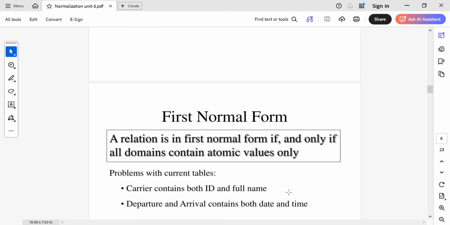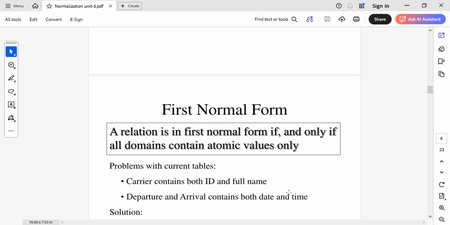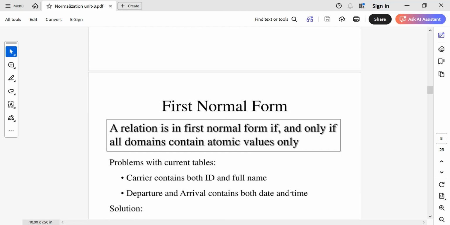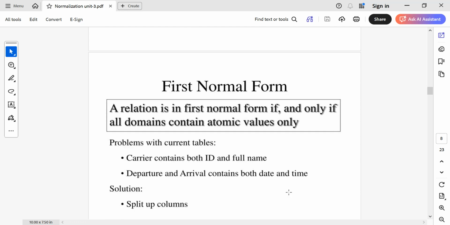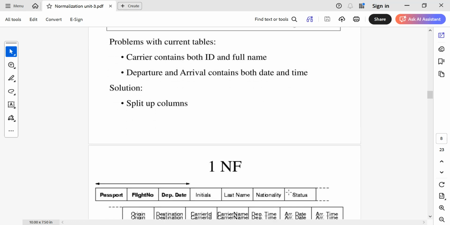First normal form means all domains should contain only atomic values, single values. If there are any anomalies in a table, we decompose the tables. So this is the first normal form.